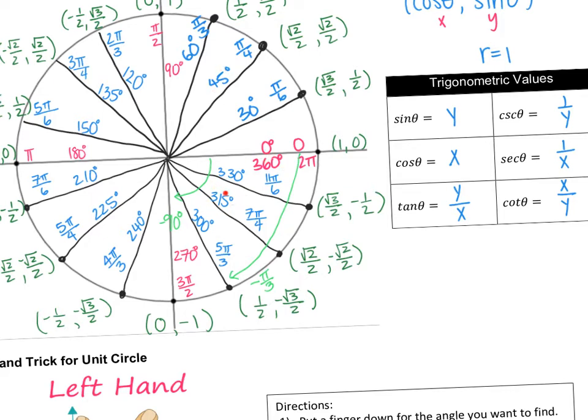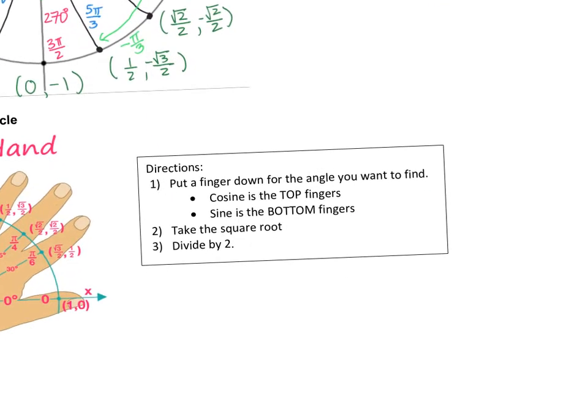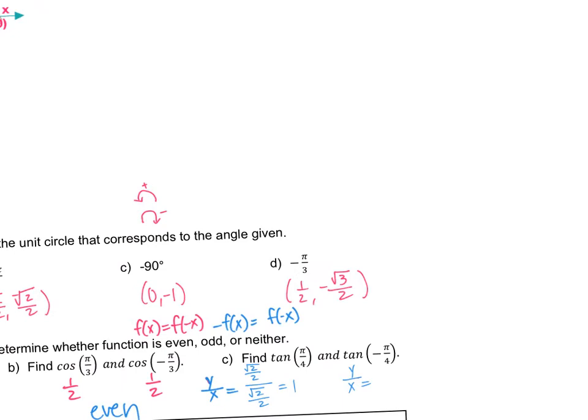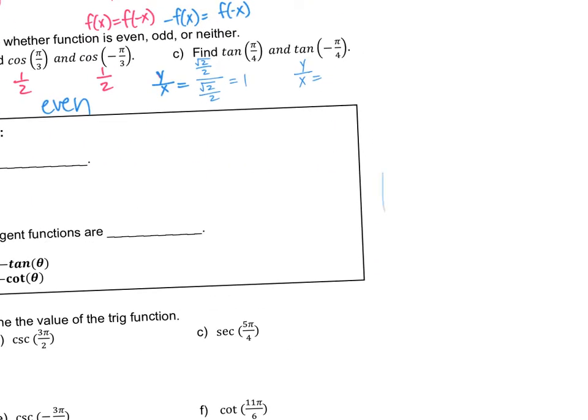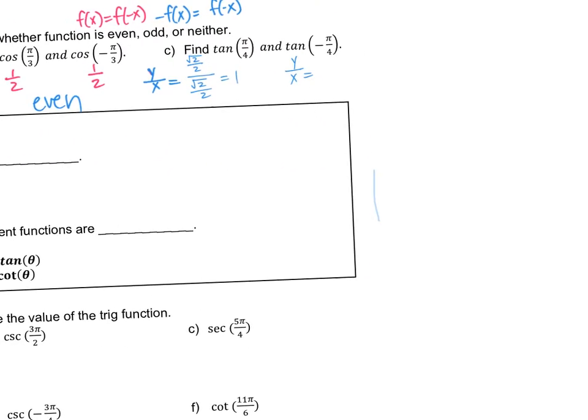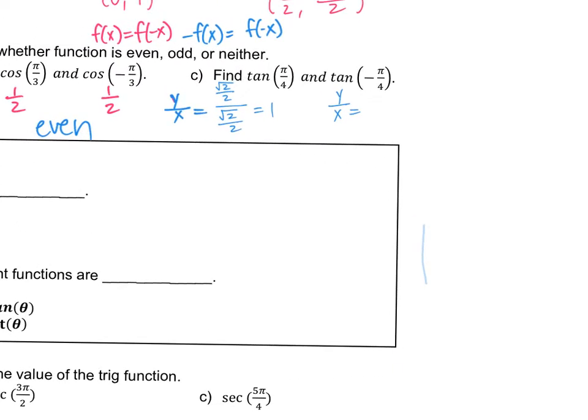That would land me right here, which is this coordinate here, square root of 2 over 2 for the x, and negative square root of 2 over 2 for the y. So I'm going to take those coordinates and write that out. So I would have for my y, negative root 2 over 2, and for my x, positive root 2 over 2. And if I divide, well, these two are the same values, only this one's negative. So if I divide, I won't get 1, I'll get negative 1.